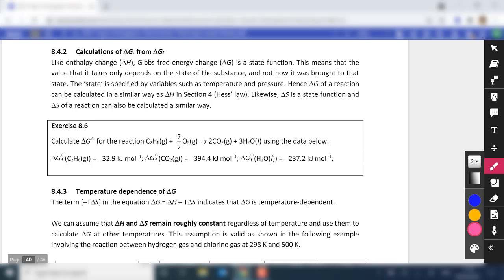So we will just let you try via an exercise, but take note that delta G of a reaction can be calculated in a similar way using Hess's law. That means for delta G and delta S calculations, you can apply Hess's law as though you are calculating for delta H, because they are all what we call state functions.